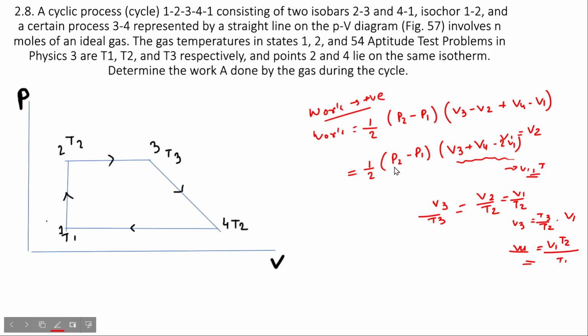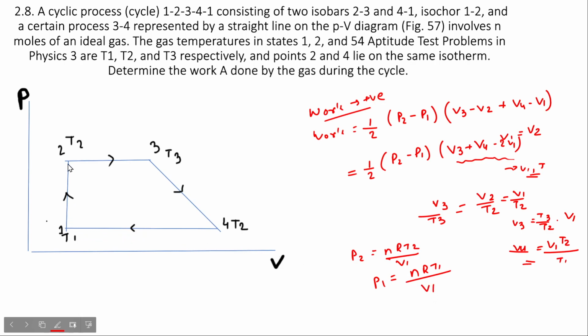Now let's start changing this P2 and P1 in terms of V1 and in terms of volume and temperature. So what we can write is P2 equals nRT2 by V1, and similarly for P1 what we can write is nRT1 by V1.